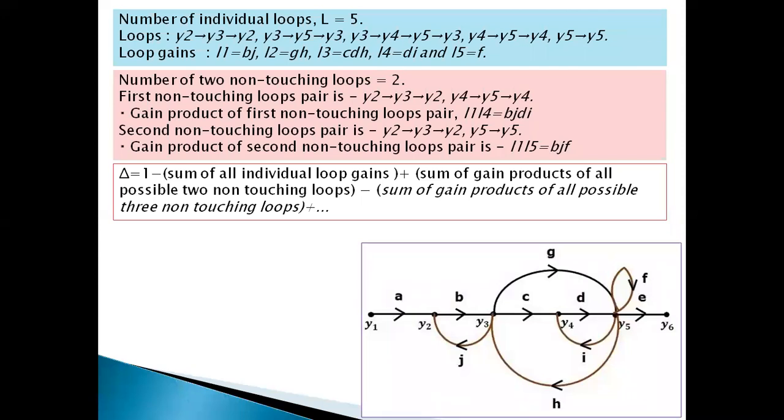Now, how to find delta? Individual loops we have identified, non-touching loops we have identified. Now finding delta 1 and delta 2.